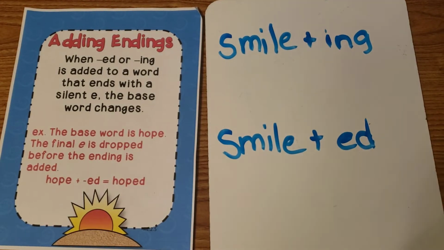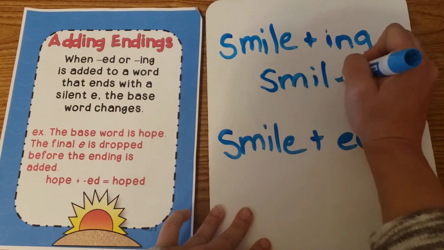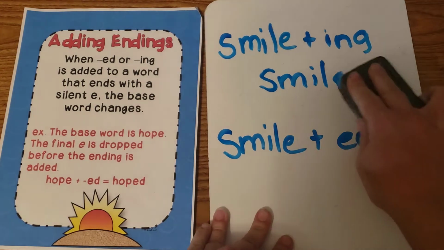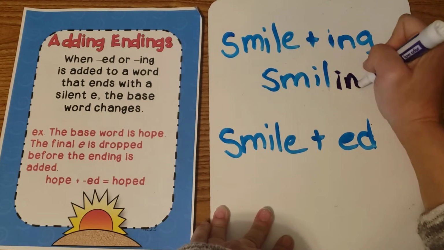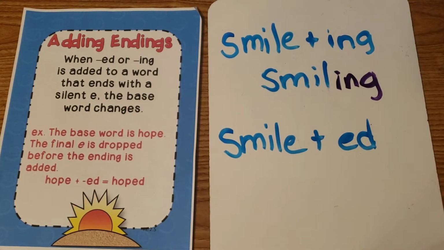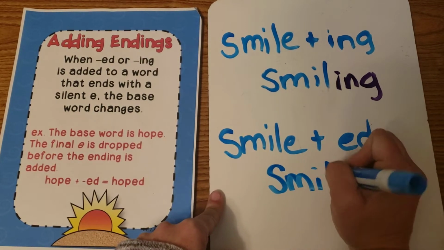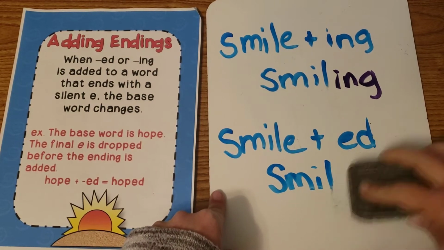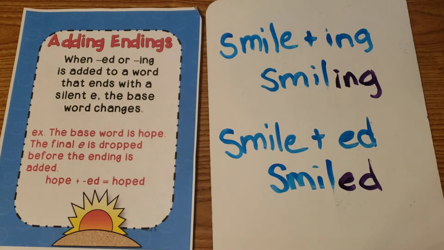So we have the word smile, and our rule says if it ends in magic E, we need to drop the E and add ing. If we want to say smiled, we take the word smile, the base word, and we're going to drop the E and add ed.